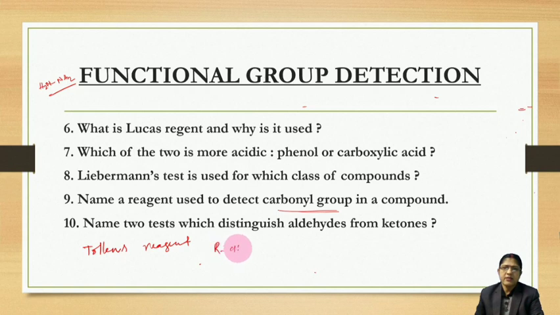When aldehydes, let us consider RCHO, are treated with this, it forms what? Acid, easily oxidized, and silver mirror is formed, right? This one, silver mirror.